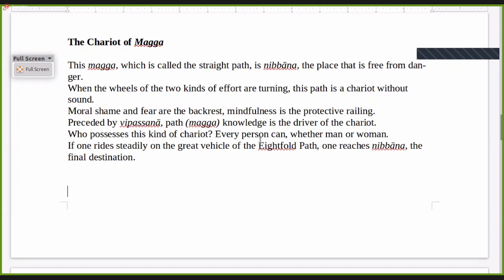So as to what type of vehicle should be employed to make the passage, the Buddha said, for a silent escape with no one becoming aware of it, you need a silent vehicle, which is the Vipassana two-wheeler fitted with 2 wheels of Kayika Viriya, physical effort, and Cetasika Viriya, mental effort.